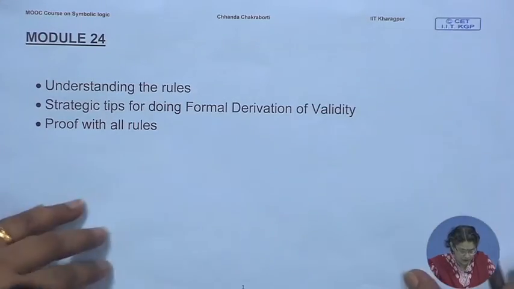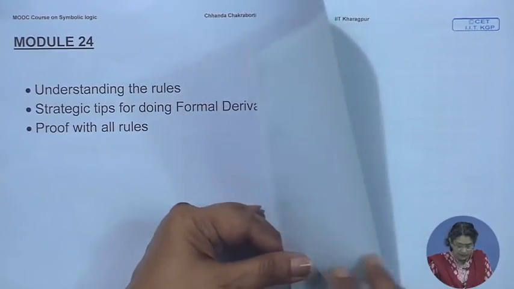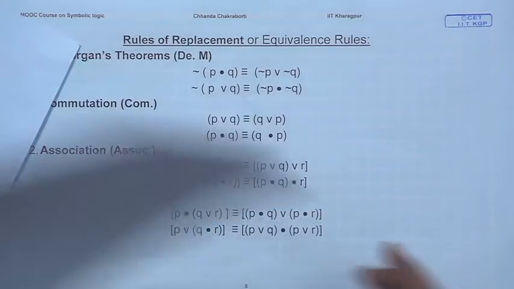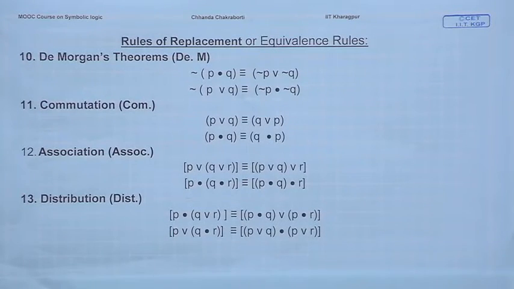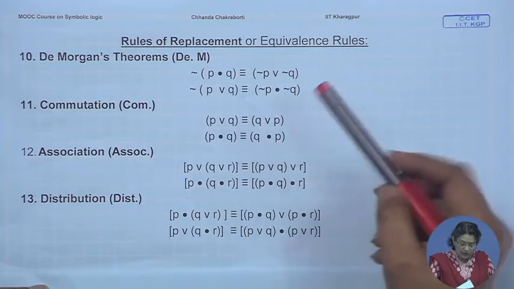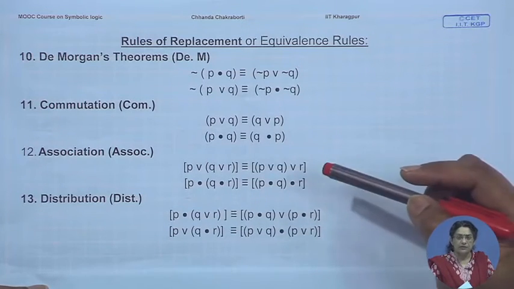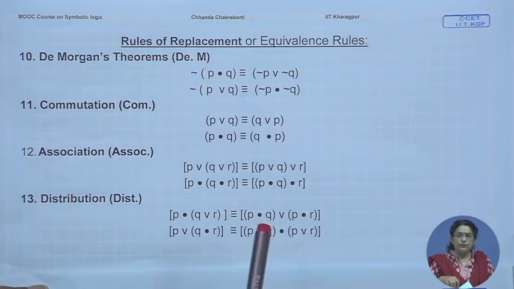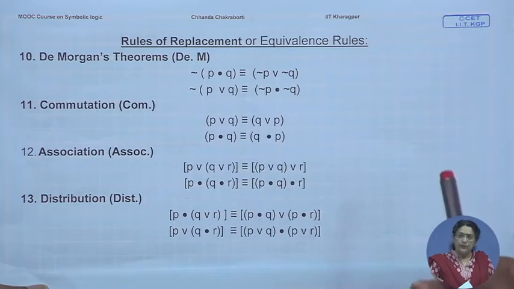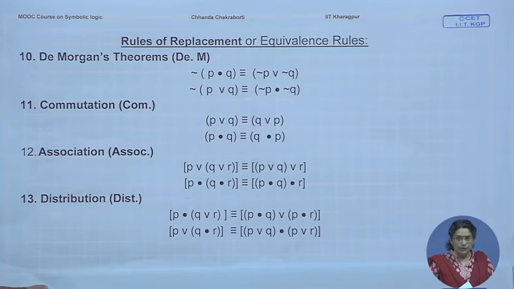So, once more we take a look into the rules of replacement, because we were just beginning to look at them. These four were introduced in the last module. All of them are about dot and wedges. What we are looking at is how to change the connective from one to the other in a proof, which could be very useful and also important to remember.